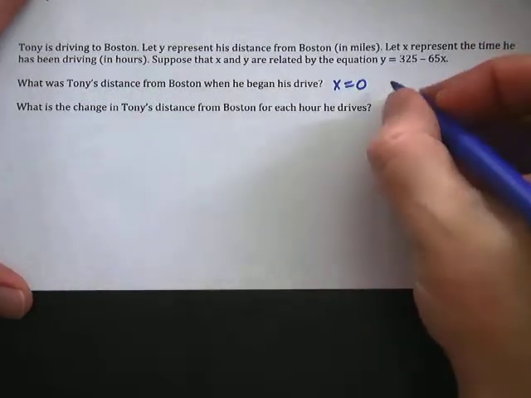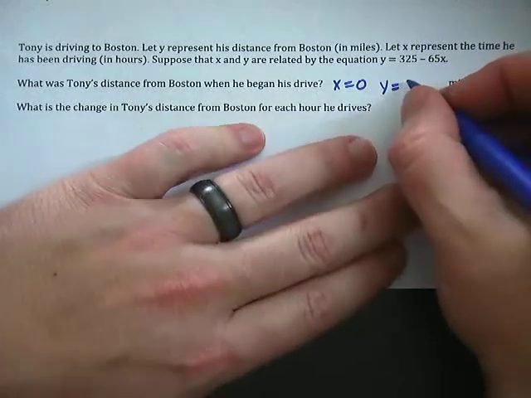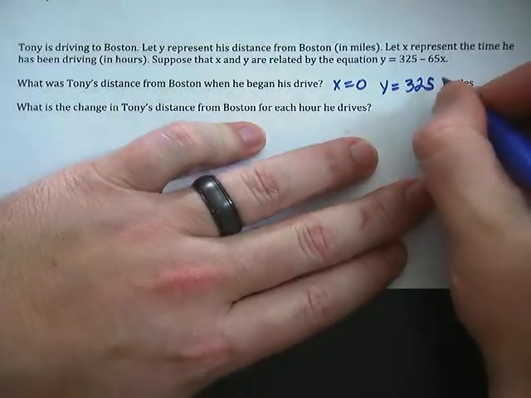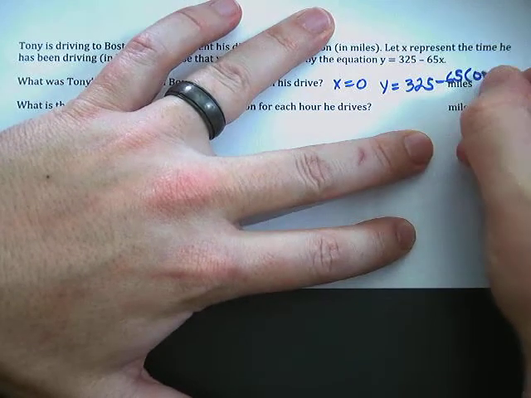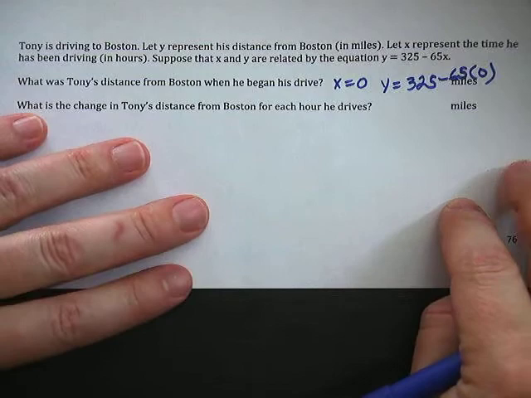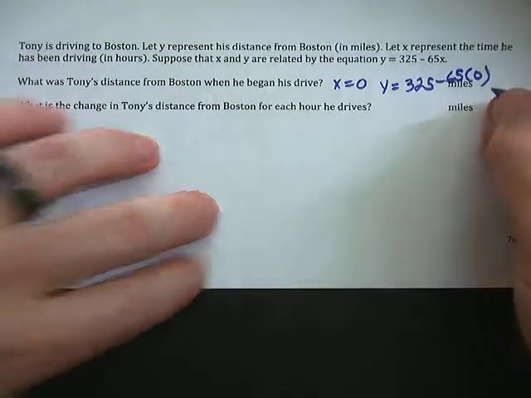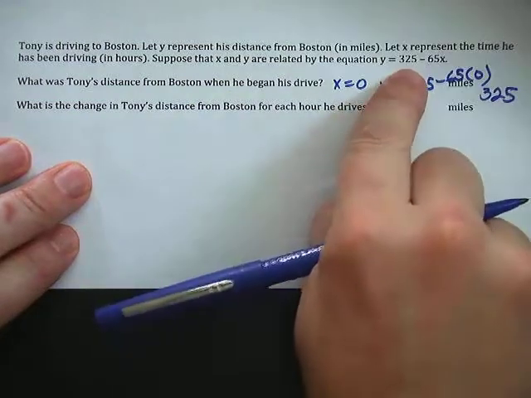So Y is equal to 325 minus 65 times 0. 65 times 0 is 0, so your answer is 325. So it's your y-intercept, or this number right here.